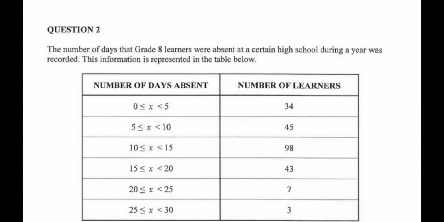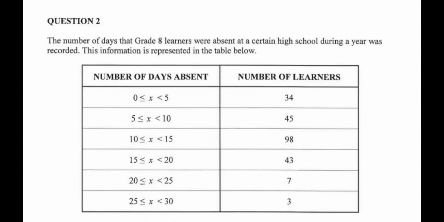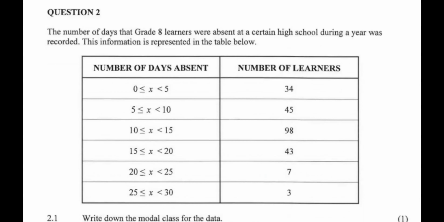It says, the number of days that grade 8 learners were absent at a certain high school during a year was recorded. The information is represented in the table below: the number of days absent and the number of learners.